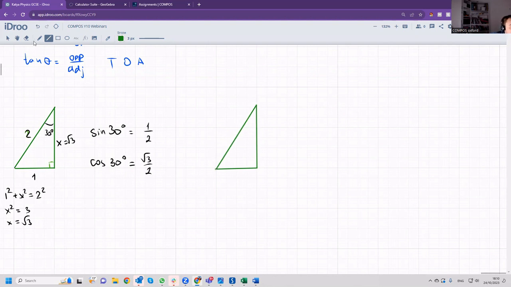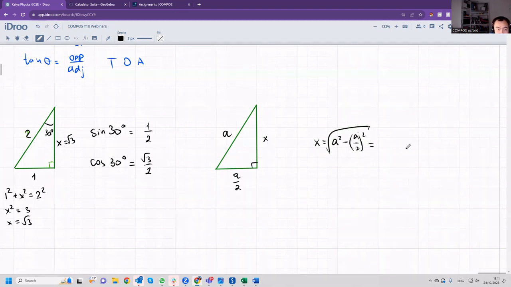If this is A, this would be A over 2. And if this is A over 2, then this x, so x would be the square root of A squared minus (A over 2) squared, which is the square root of 3A squared over 4, which is square root of 3 over 2 times A. And then you do 30 degrees.